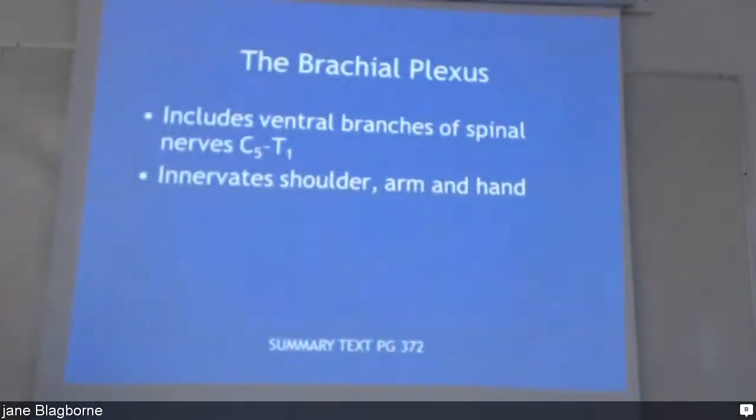The brachial plexus includes the ventral branches of the spinal nerves C5 to T1. And it's responsible for shoulder, arm, and hand movement.